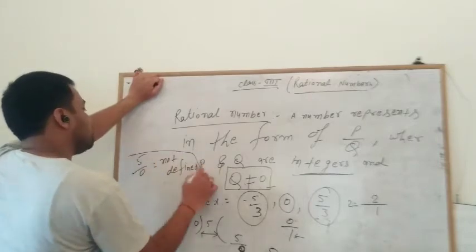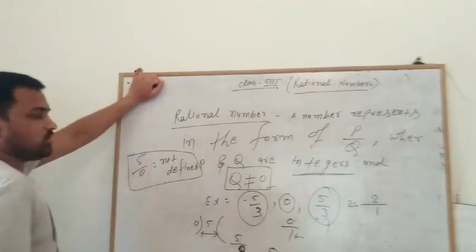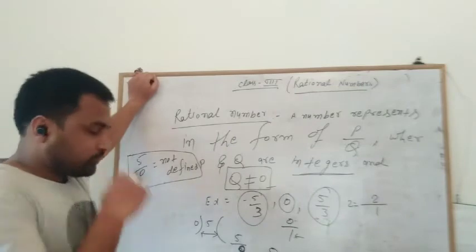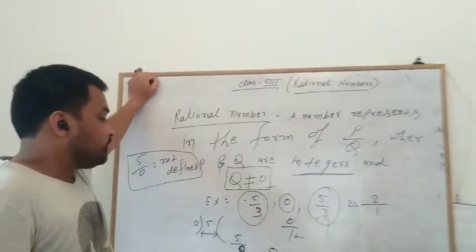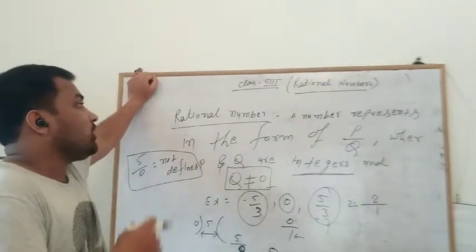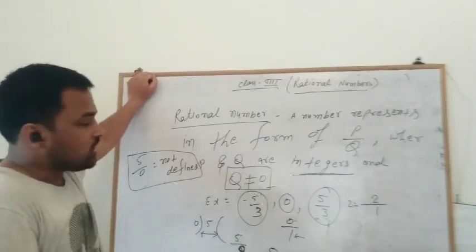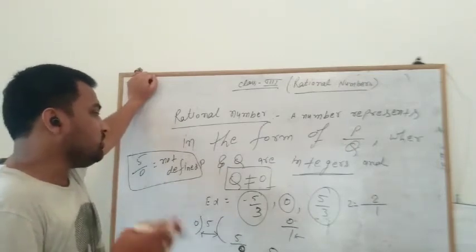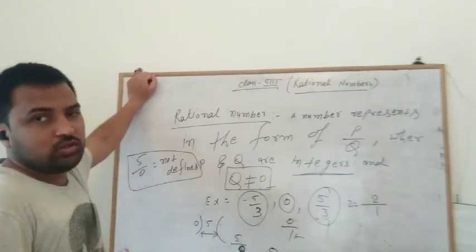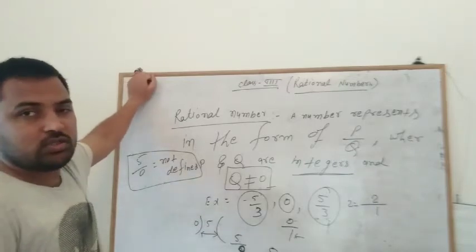In maths, this thing is not possible. We understand what a rational number is, how we write it, and that a rational number can be positive, negative, and 0 is also considered a rational number.